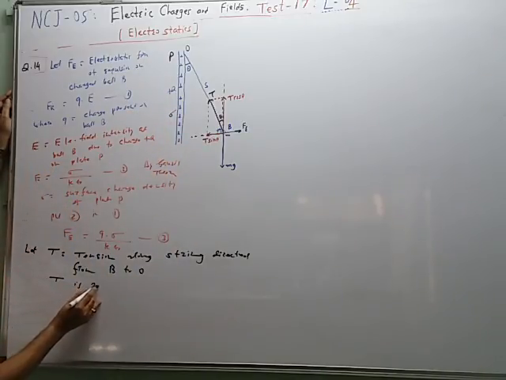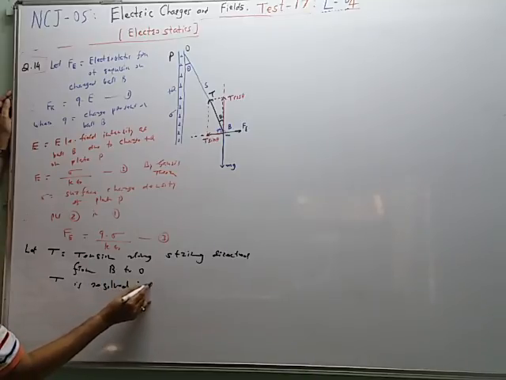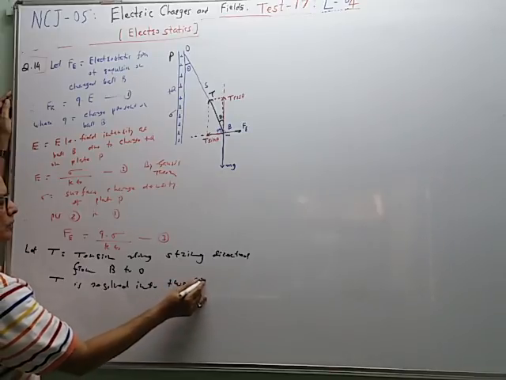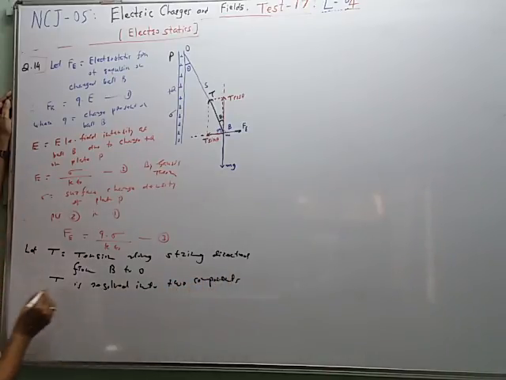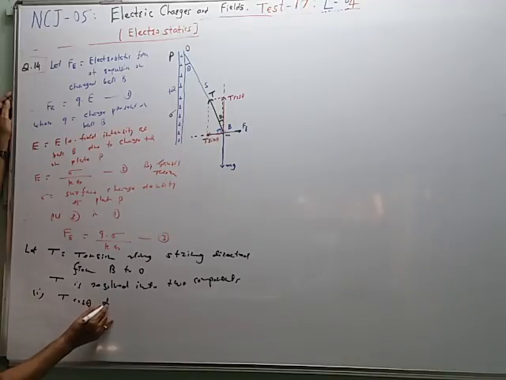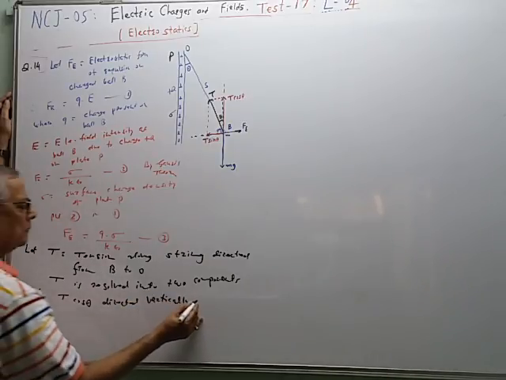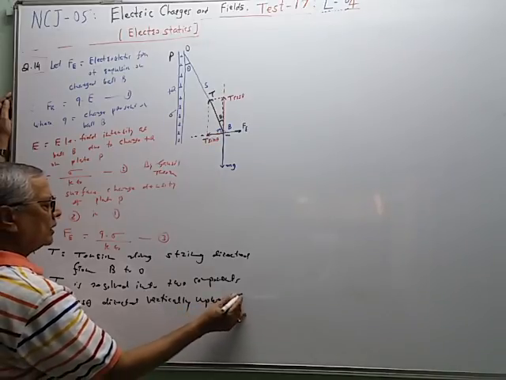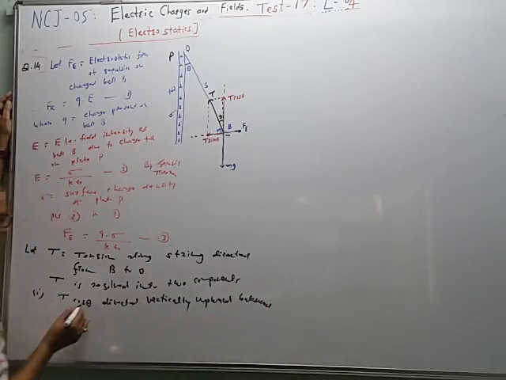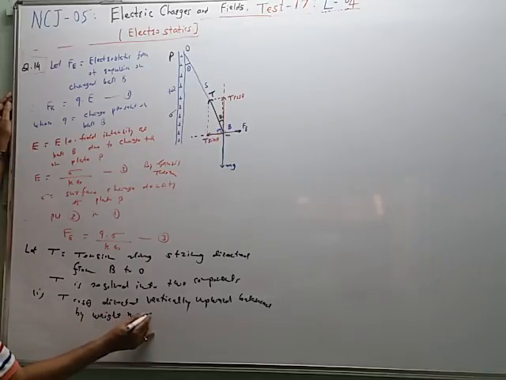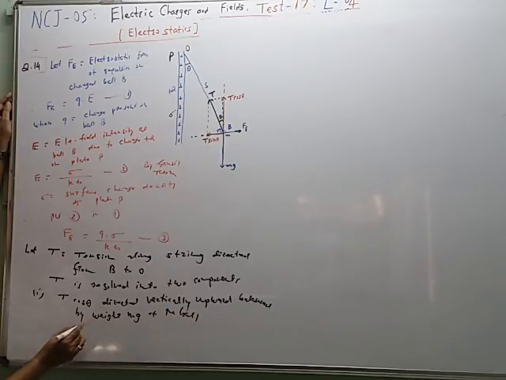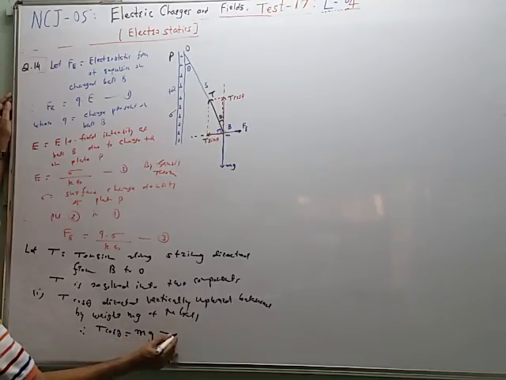T is resolved into two components. We complete the figure like a conical pendulum, and the same component resolution is considered. So T cos theta directed vertically upward, look in the figure, vertically upward, balanced by weight mg of the ball, and therefore T cos theta is equal to mg, equation A.